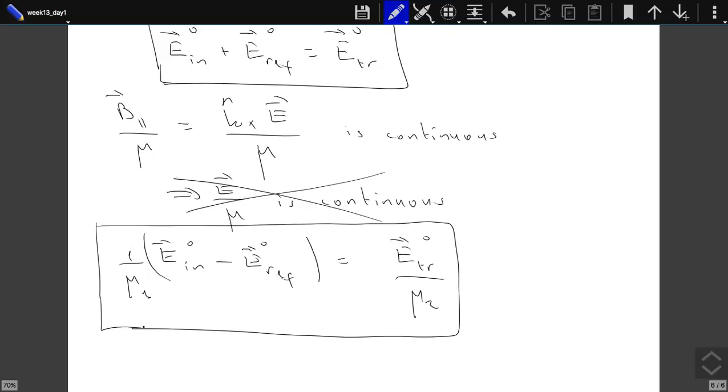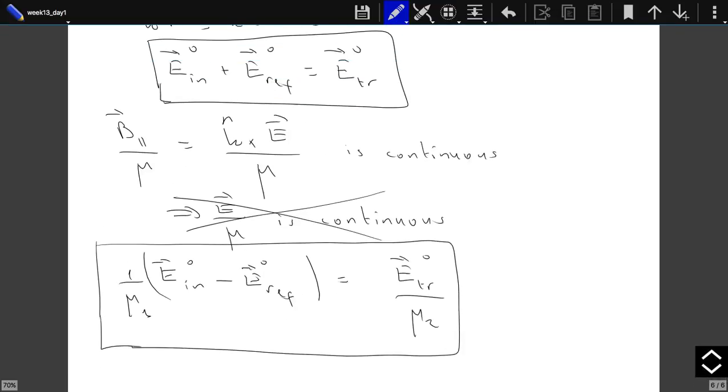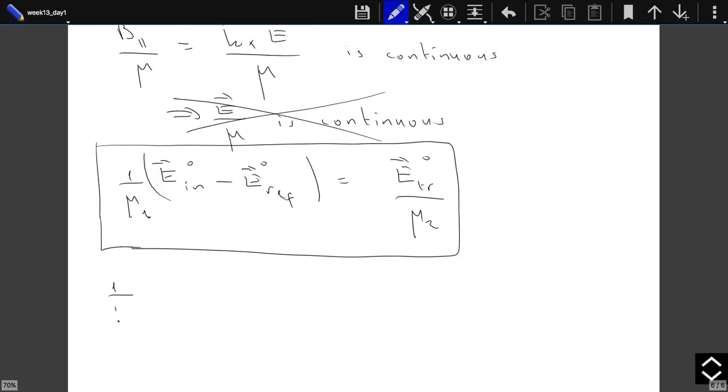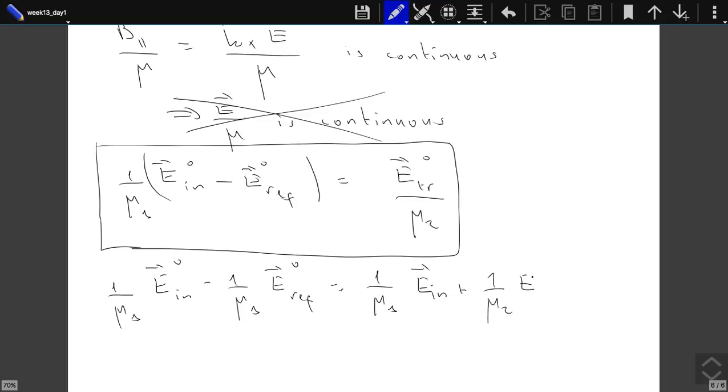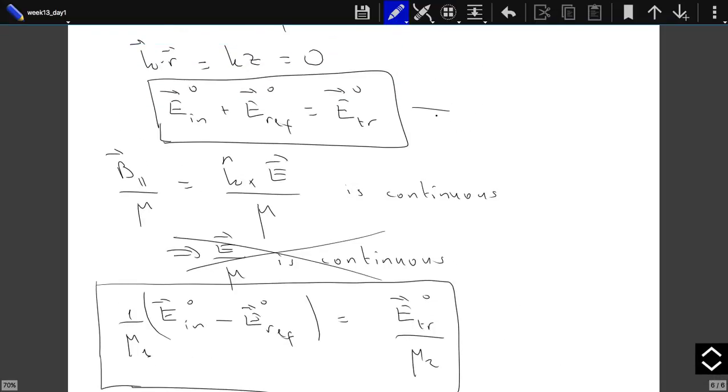So basically I have two unknown coefficients. Now let's see. 1 over mu1, E incident 0, minus 1 over mu1, E reflected 0, is equal to 1 over mu2, E transmitted 0. I just used the previous condition on my waves.